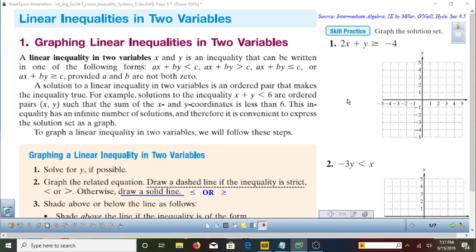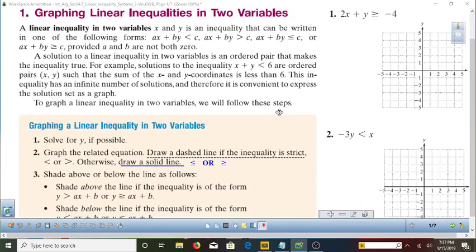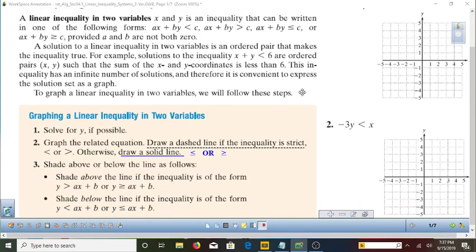So let's go through the steps here. This information can be found in the book Intermediate Algebra, second edition, by Miller, O'Neill, and Hyde, section 9.5.